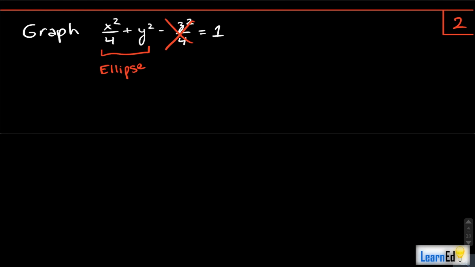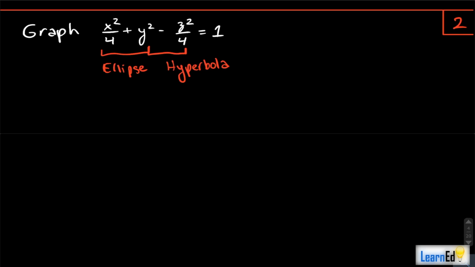Now what would the other two pieces be? If we had the y squared and the minus z squared over 4, and we got rid of the x squared over 4, what is that piece? Well, that's a hyperbola, right?